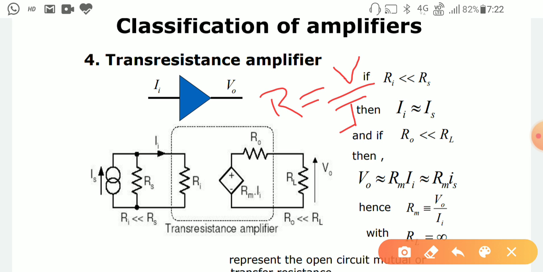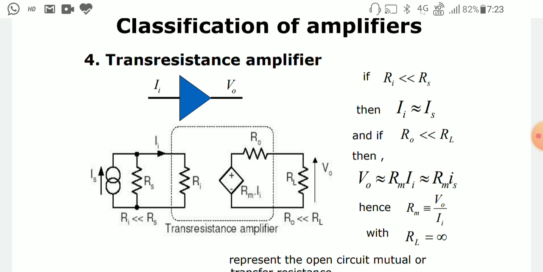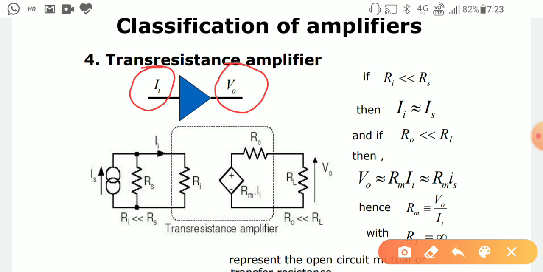So trans means transferring from one side to the other. So from where is it coming? From the output side to the input side. From that point of view, the transresistance amplifier will be defined as output voltage by input current, and for this reason here the output side is considered as V0 and this is I1 for the input side.